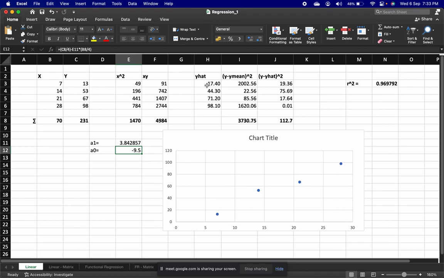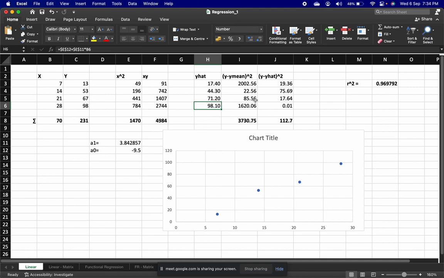So y hat is what? The values obtained using the model that you have built. So our model is what? a0 plus a1x. I am using a dollar sign to fixate a0 and a1, and x I am calling from here. That is what I am doing for all the rows, and that's how I got this y hat value. But I just don't need y hat.